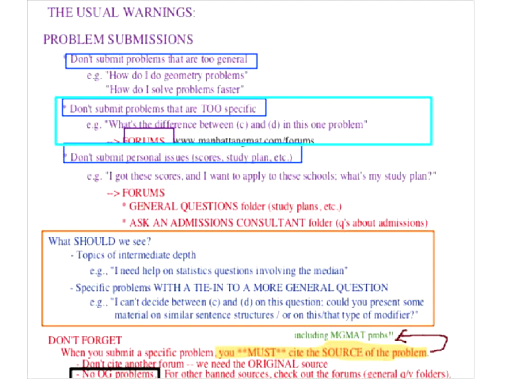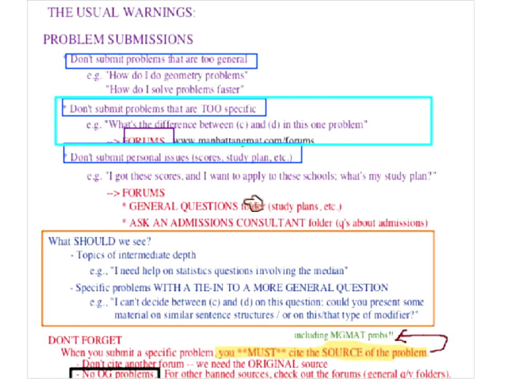Please don't submit personal study plans. This is not the place for that. Remember, this is a recording that's watched by hundreds of people, so this is not the place to post, here's my scores and here's where I want to apply to school and so on. The place for that is the forums, in our Ask an Admissions Consultant folder or our General Questions folder.